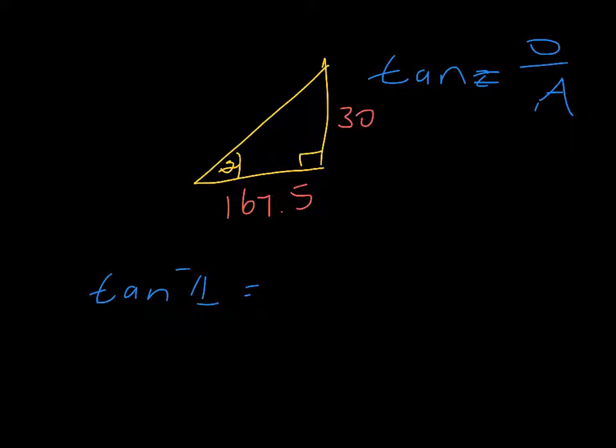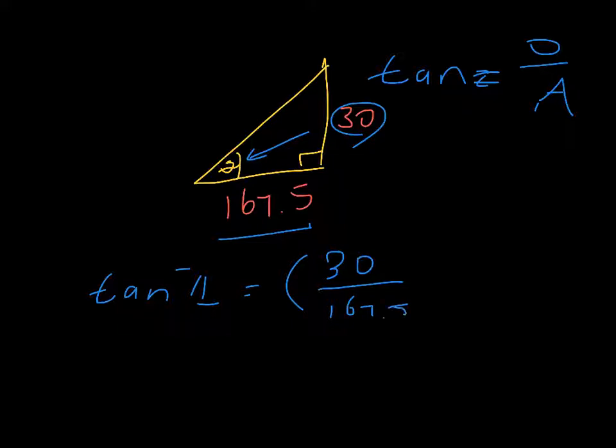So in this case, we put in our calculator second function tan, and then we go equals brackets. Now our opposite is here because it's opposite our degrees, so it's 30 over our adjacent, which is this figure here, 167.5, close brackets. We round it to our nearest degree and you should get close to 10 degrees.